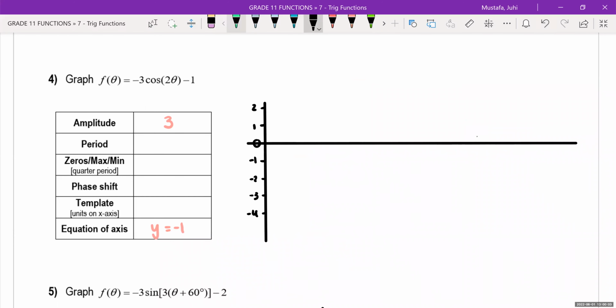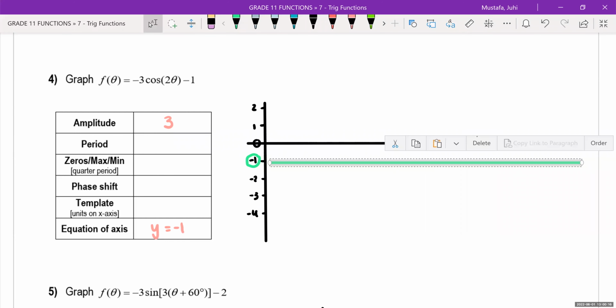All right, so my equation of axis is negative 1. I'm going to just draw a dashed line there. Nope, that's not even hitting the negative. That's closer.